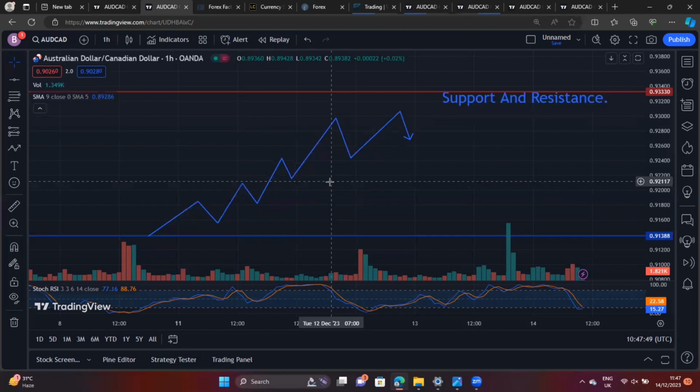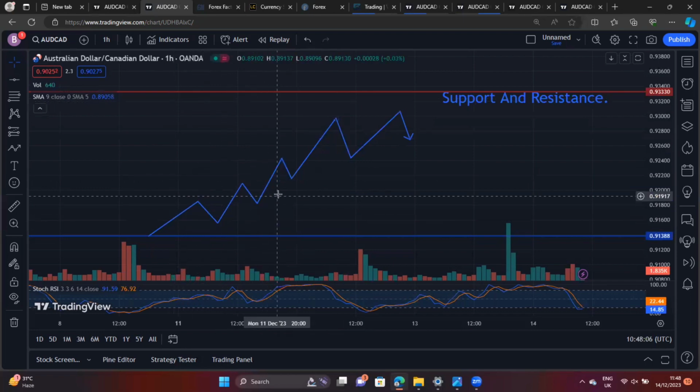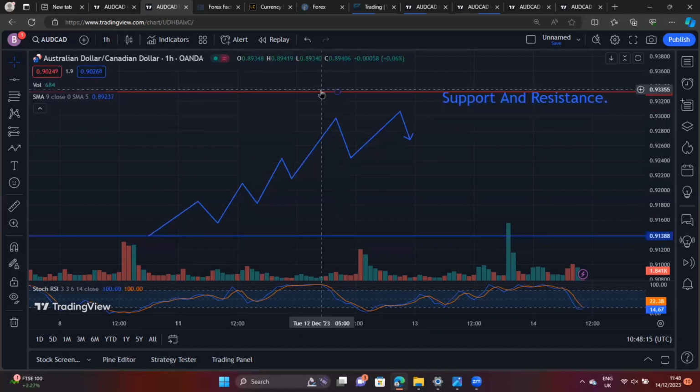All right. Proceeding on that, like I mentioned before, support is simply the area below price, and resistance is the area above price. So in a situation where price is going up and down, we can identify support below those zones and resistance above them in basic terms.